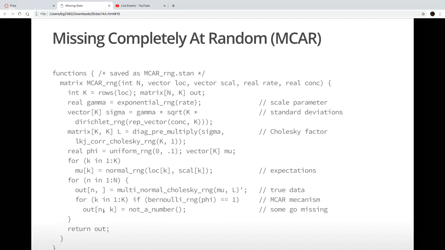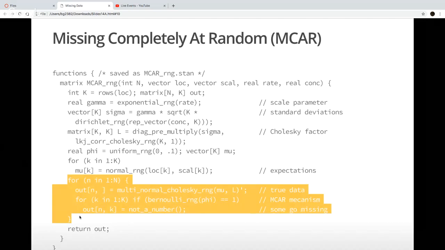It's just luck, really, as to what observations are actually observed and what observations go missing. It's not a function of any of the data, just a function of a parameter.